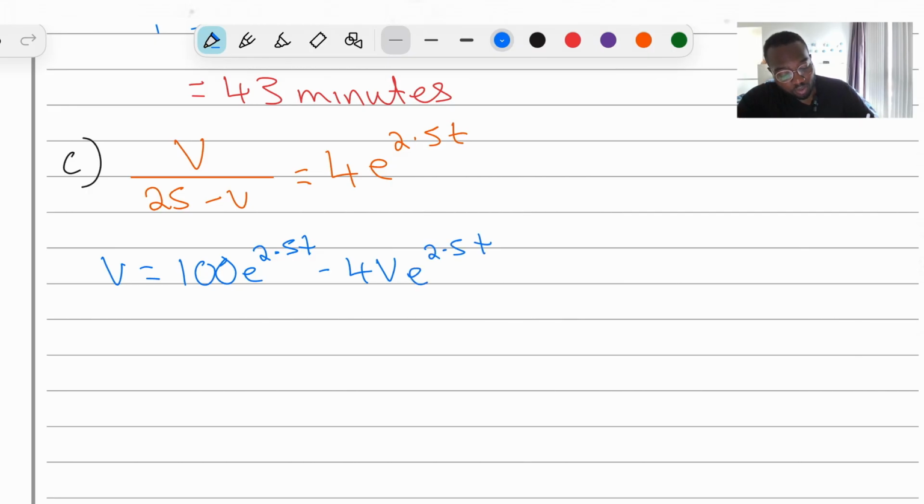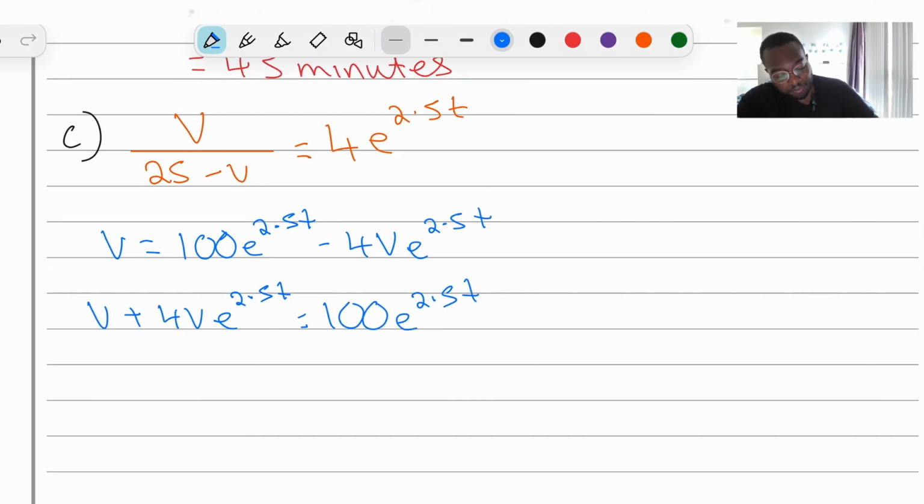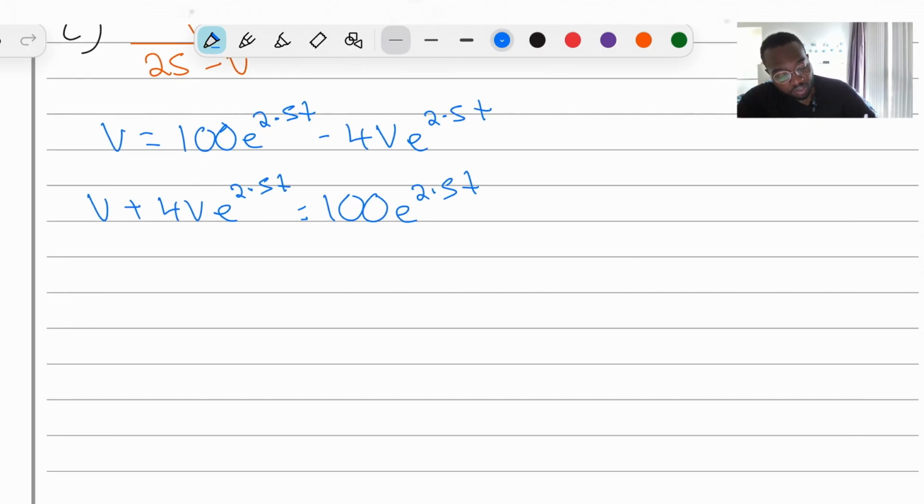Now let's bring all our v's on one side, so we get v plus 4v e^(2.5t) equal to 100e^(2.5t). Then we can factor out the v, so we get v times the bracket 1 plus 4e^(2.5t), equal to 100e^(2.5t).